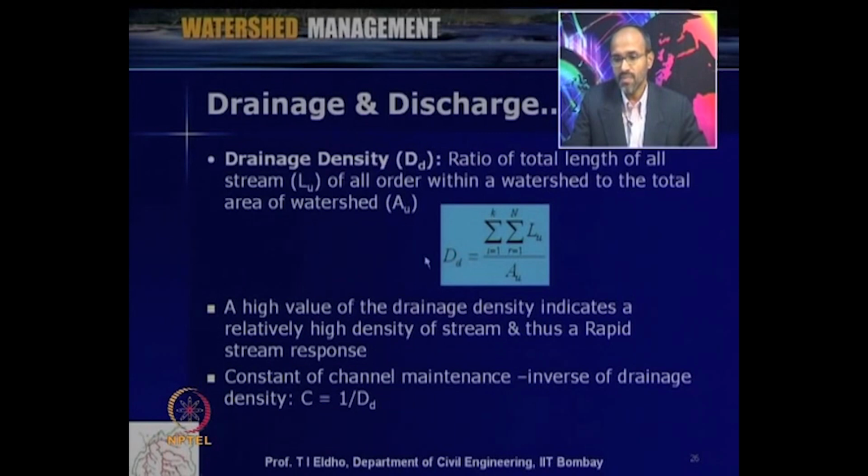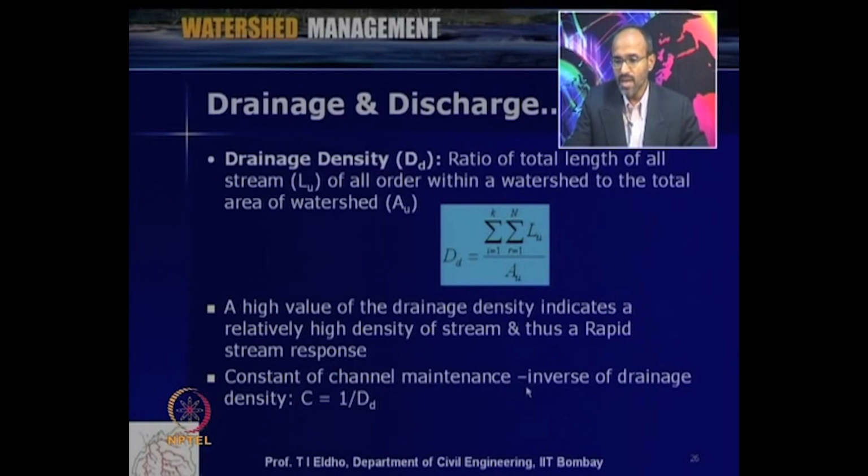So, drainage density can be defined as sigma i equal to 1 to k, sigma r equal to 1 to n, Lu divided by Au, which gives the ratio of the total length of all streams to the area of the watershed. A high value of drainage density indicates a relatively high density of streams, and thus a rapid stream response. For example, in this watershed there may be rapid stream response.